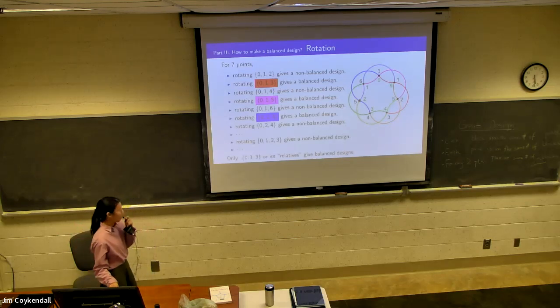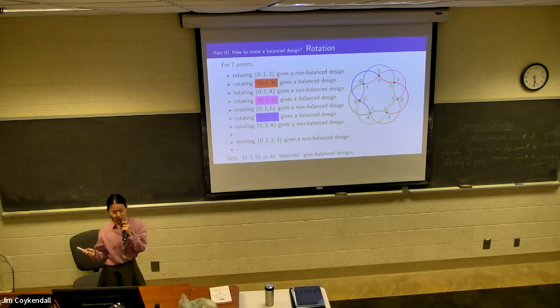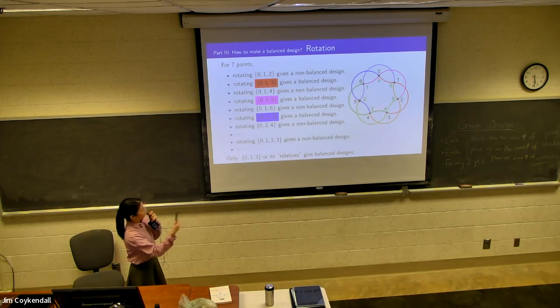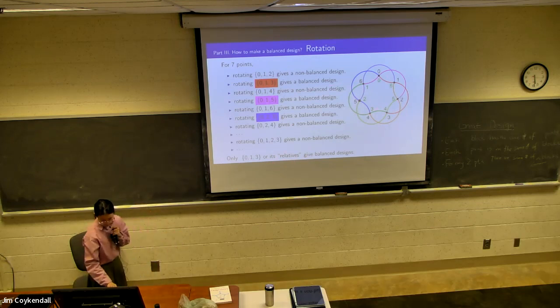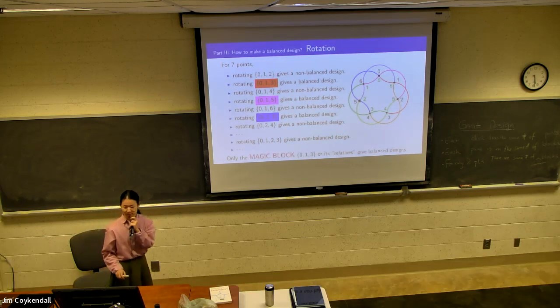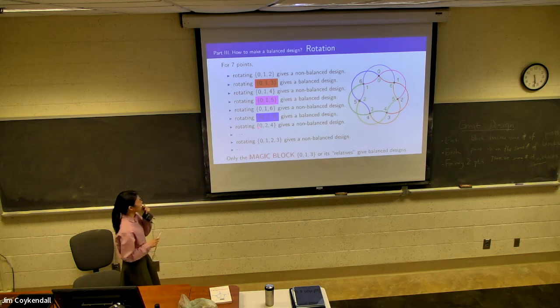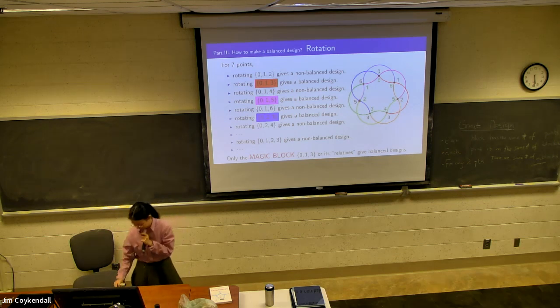And it turns out that only 0, 1, 3 and its relatives will give you a balanced design. By relative, I just mean that we can relabel it. So this 0, 1, 3 is very special, right? Let me call it a magic block. So for 7 points, the magic block is 0, 1, 3.